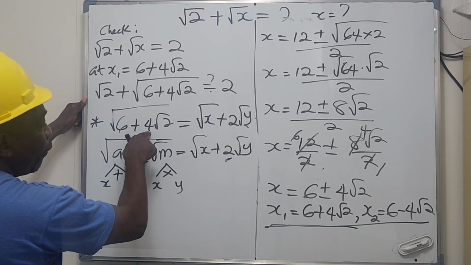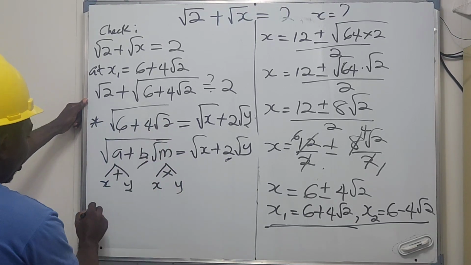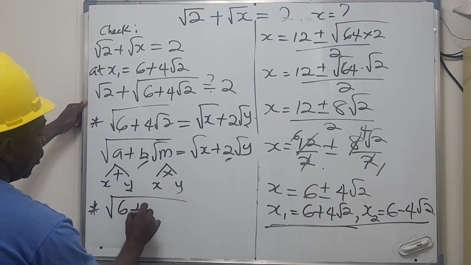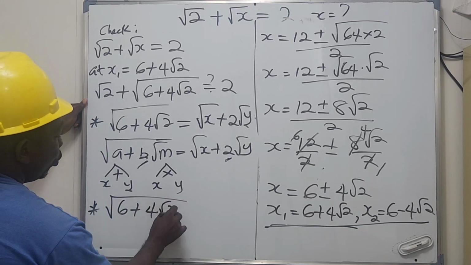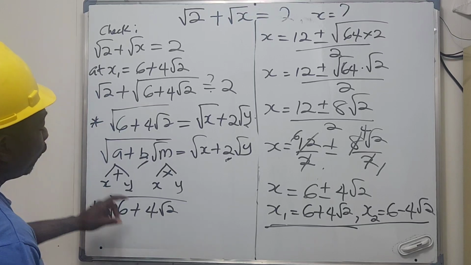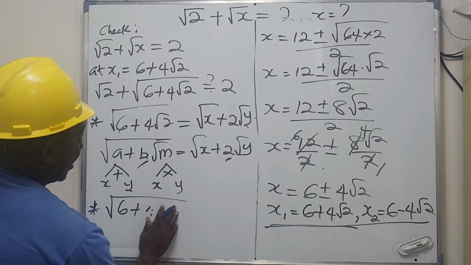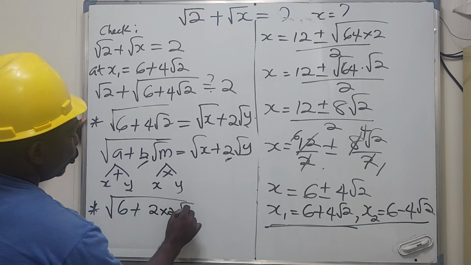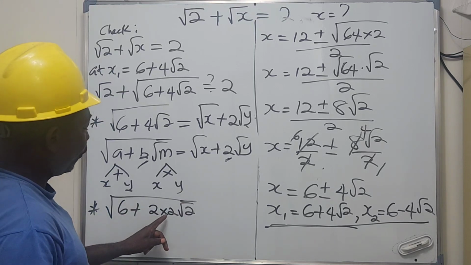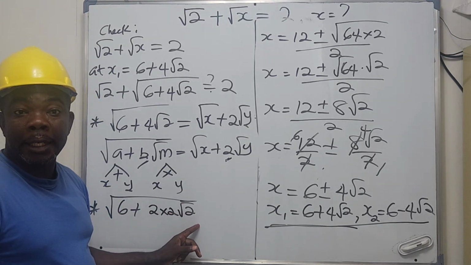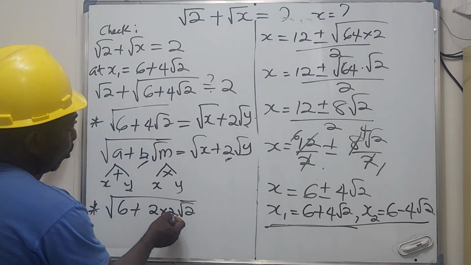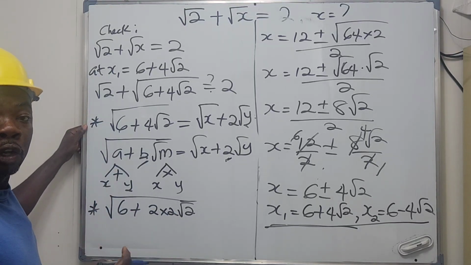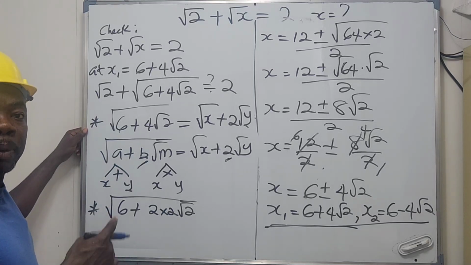So we have here 4 root 2. So that will become, when bringing down this, root 6 plus 4 root 2. In the place of 4, 4 can be written as 2 times 2. So we have here 2 times 2 root 2. For us to move these 2 inside the square root, we need to square it. So it's going to be 2 times 2, which is 2 to the power of 2.